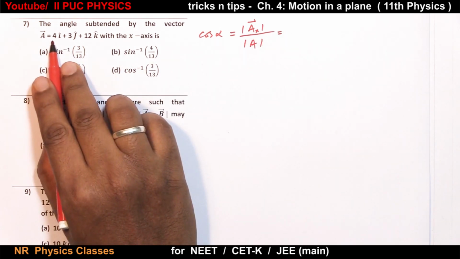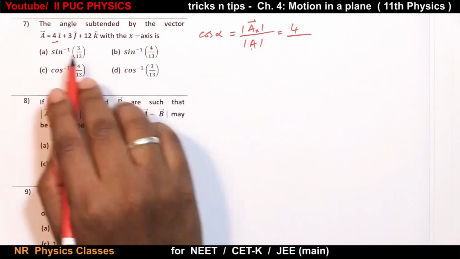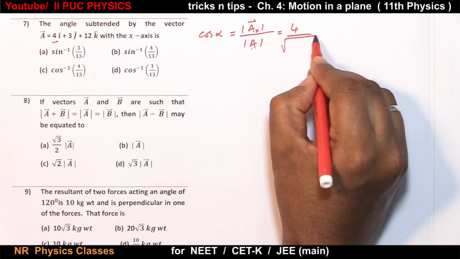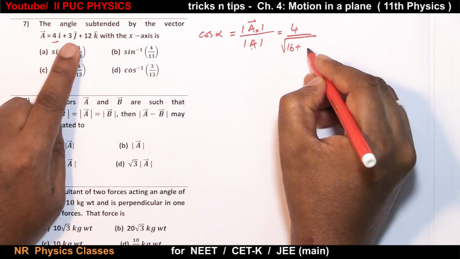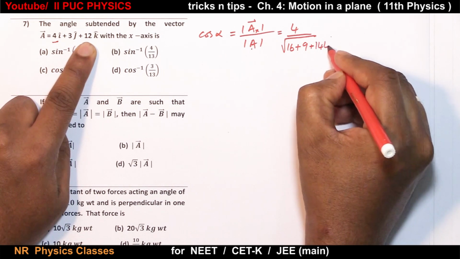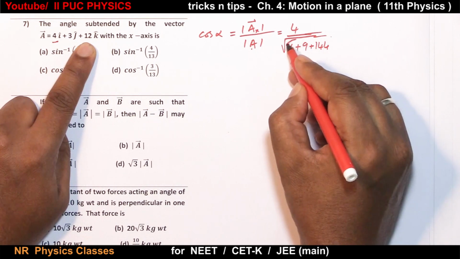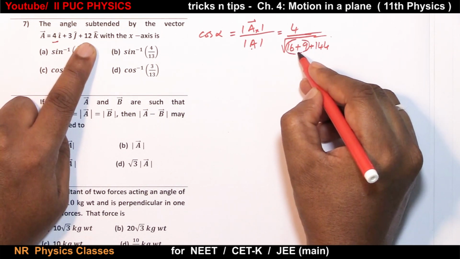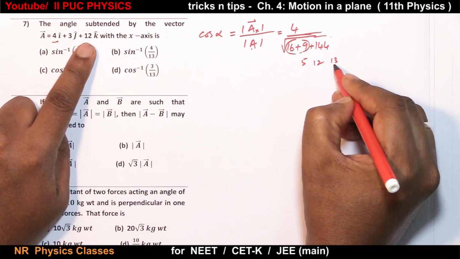So this is 4, this is 4 by A. Magnitude of A means root of ax square 16 plus ay square 9 plus 12 square 144. This is 12 square. This gives 25. 25 is 5 square. 5, 12. The other one is 13.